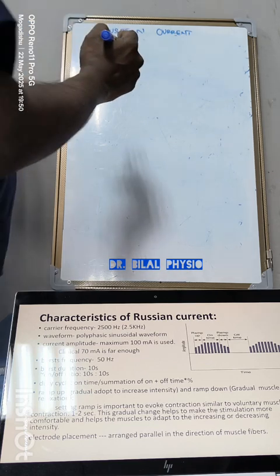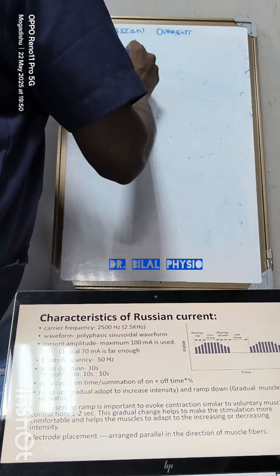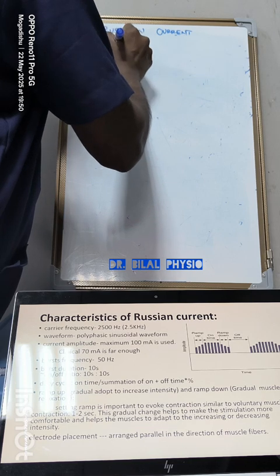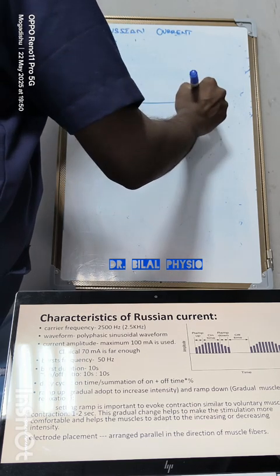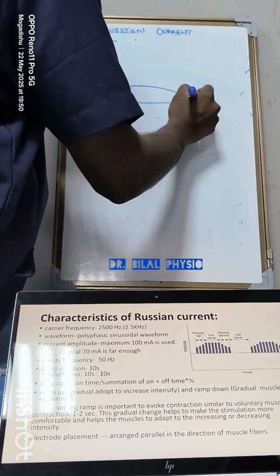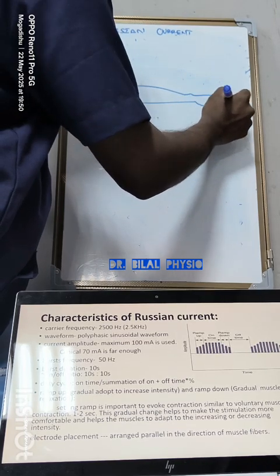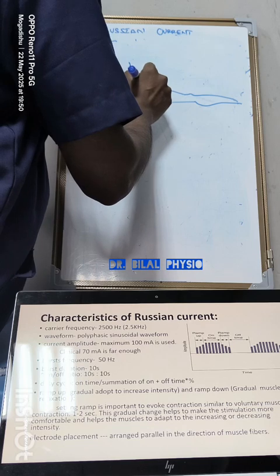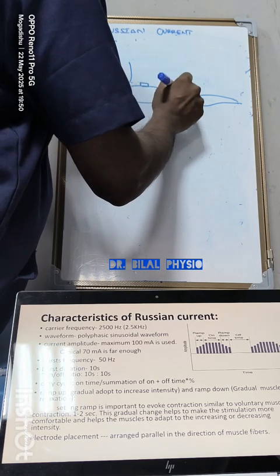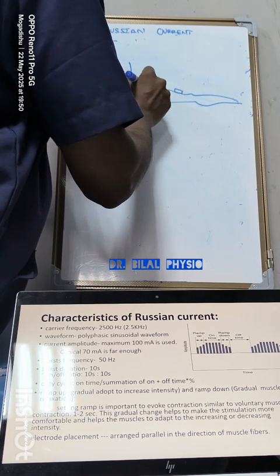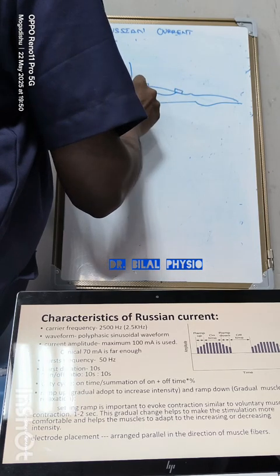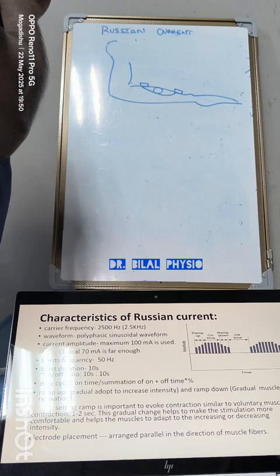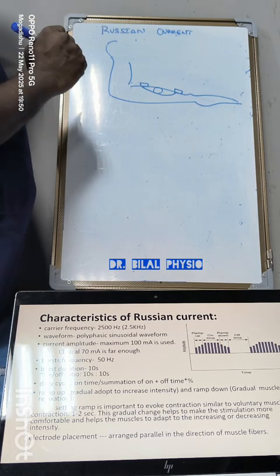The electrode placement should always be parallel to the muscle fiber. For the quadriceps muscle, we should apply the electrodes parallel together so that the depth of penetration is much deeper and we can achieve muscle re-education or strengthening of the quadriceps.